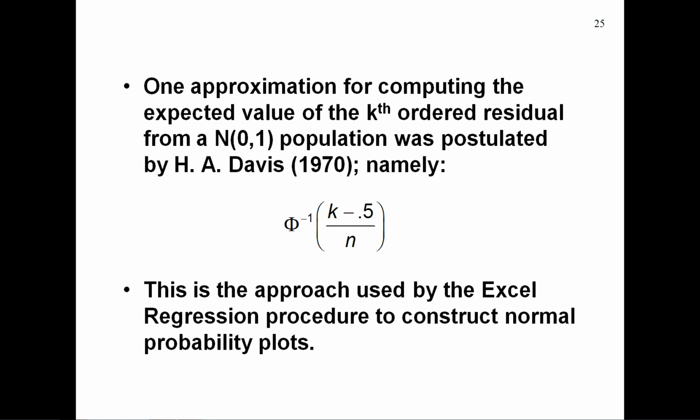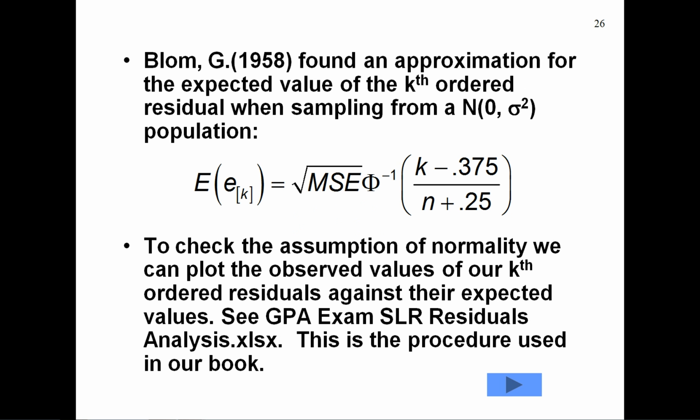Here's one, to find the approximate value of the expected value of the kth ordered residual from a normal 0-1 population, and Excel actually uses this one to generate its normal probability plots. I'm telling you straight away, I'm not a fan of the normal probability plot that Excel produces, but it's certainly legitimate, and this is the approach that it uses to generate its plot, not the one that our textbook uses.